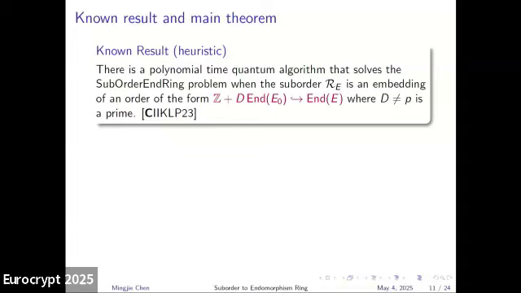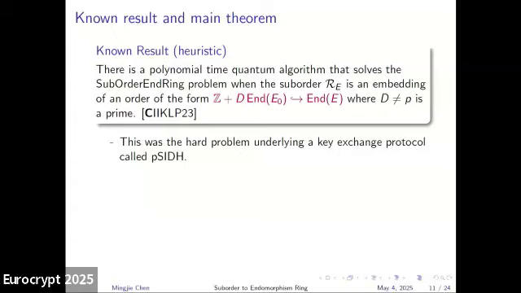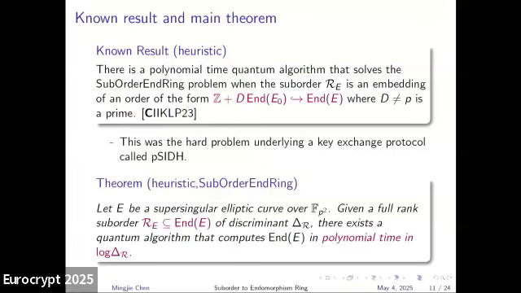And this capital D here is not equal to the field characteristic, and it's a prime. So for such orders, there is an algorithm that runs in quantum polynomial time. And why people were interested in such a specific order is because this was the hard problem underlying a key exchange protocol called PSIDH.